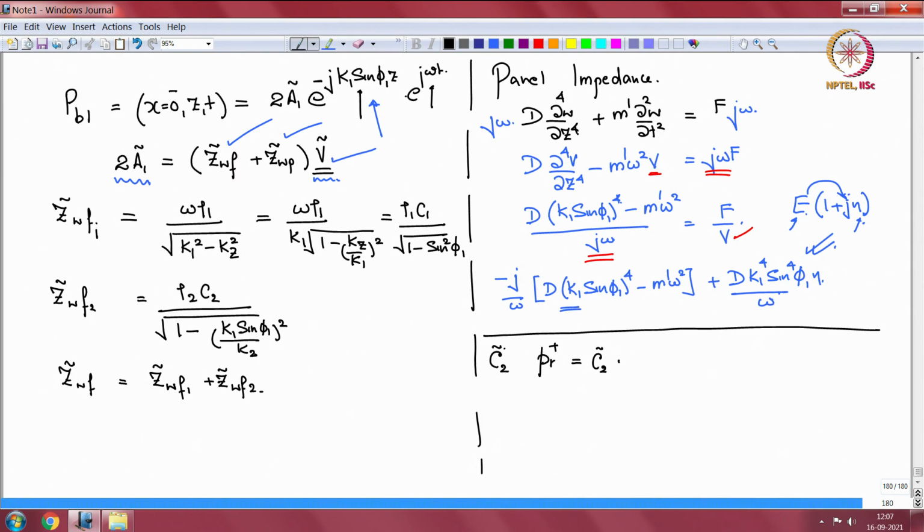the time, of course, minus K1 sine phi 1 z j, minus j square root of K2 square minus K1 square sine square phi 1 into x.